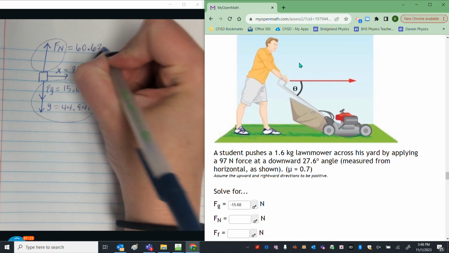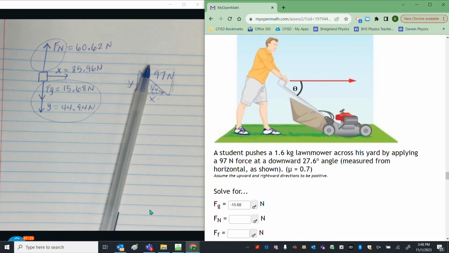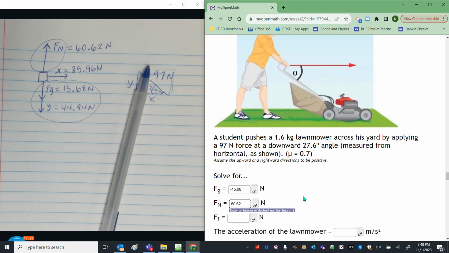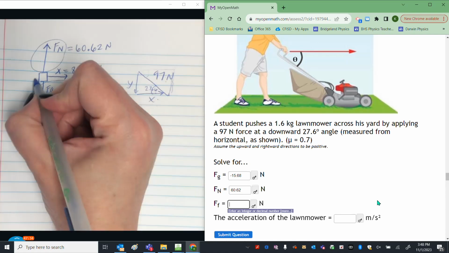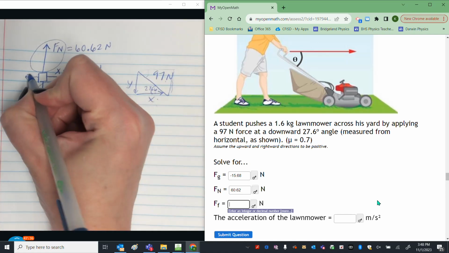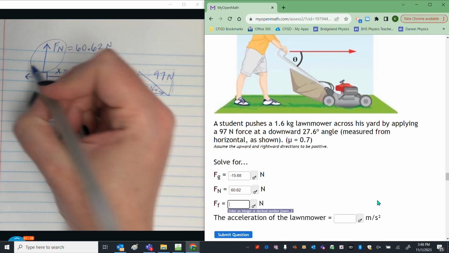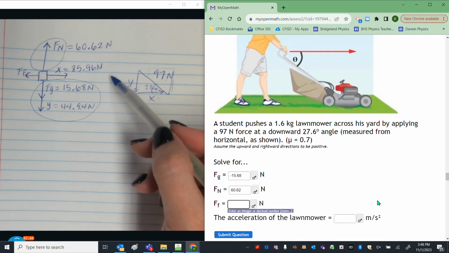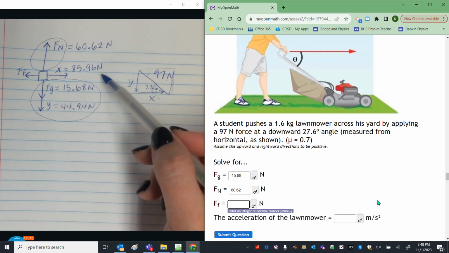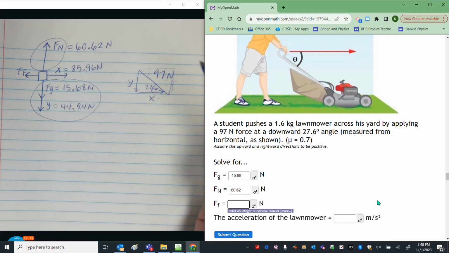All right, so let's go ahead and fill that in. 60.62 newtons. That one's positive. Force of friction will go opposite the direction of his motion, so he's moving to the right. The force of friction will be to the left. Force of friction we can solve for if we either knew the acceleration, we could use that to find the net force and then find this, or if we know mu and Fn.